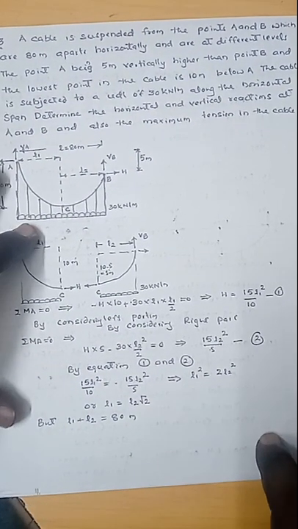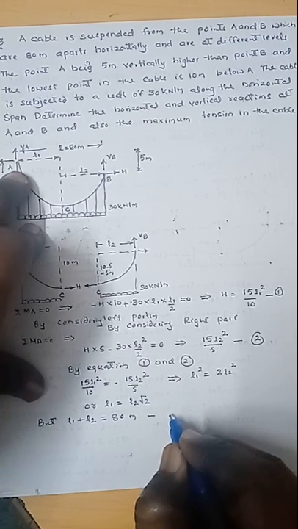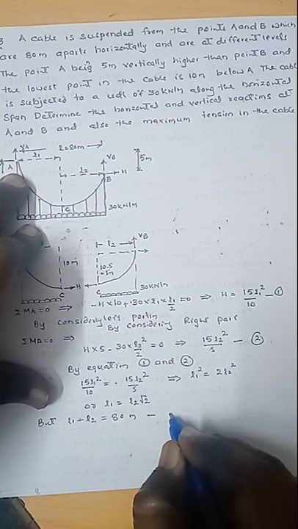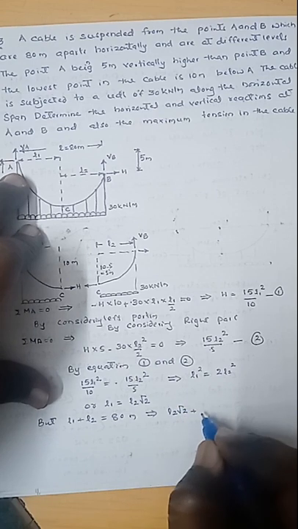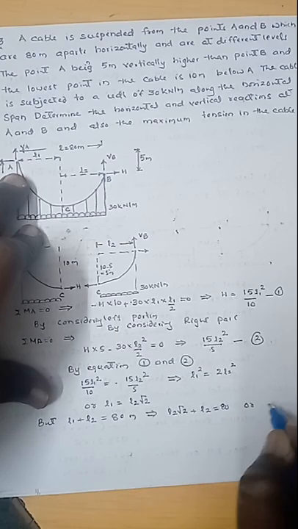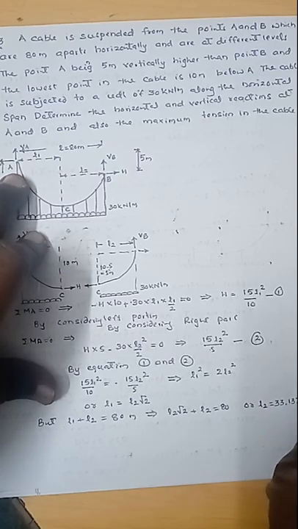Therefore, by substituting this L1 value in the above equation, L1 equals L2 root 2 plus L2 equals 80, here we will get the value of L2, that is 33.137 meters.